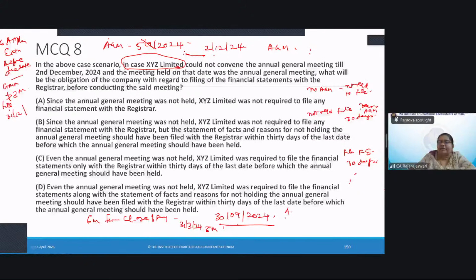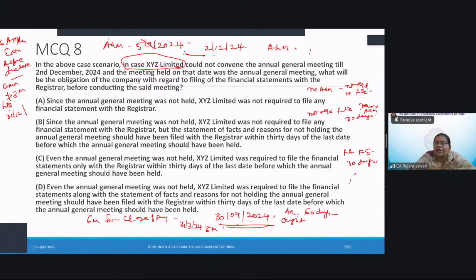In case of the annual return, they have specified very clearly within 60 days. Whether you hold the meeting or not, it ought to have been held within that date. It ought to have been held on 30th September. You should file the accounts. Since the AGM was not held, it cannot file the financial statement with the registrar, right?